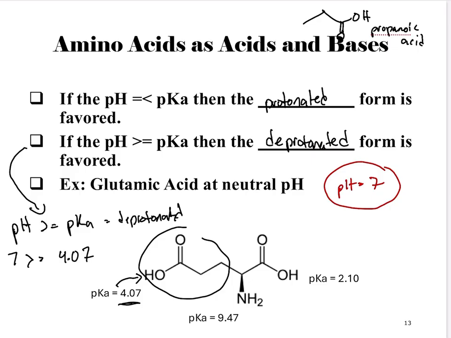Like I said, it's a little challenging to wrap your head around that concept, especially the first time seeing it. The important thing is just remembering these relationships. If you know that the pH is a certain value and you're given a value for the pKa, you can determine if it's protonated or deprotonated. So that means that this carboxylic acid group turns into what?